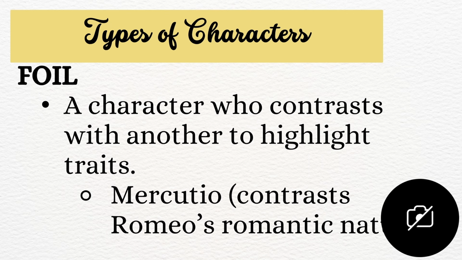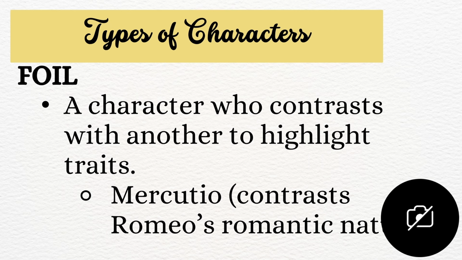So here, you can be both protagonists, but you show complete opposite of characteristics or traits. Like for example, Romeo is romantic in nature, and a foil or an opposite of that is Mercutio. So Mercutio is a foil to Romeo because they show contrast in views of love.